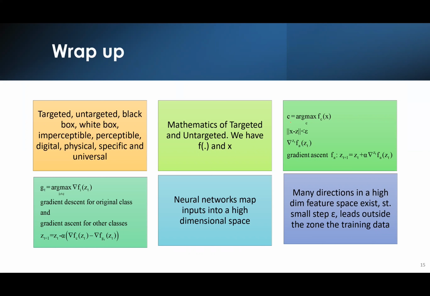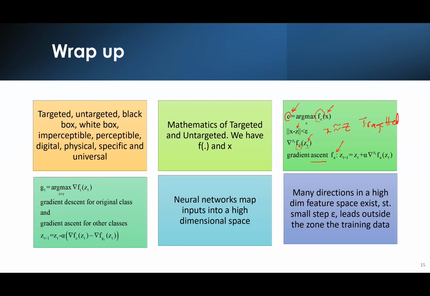We showed that if we call C the original class of the input X and we have a classifier F, by making a Z which is very close to X, we calculate the gradients with respect to A by inputting Z, and then we calculate the gradient ascent for a specific class, which is A. This is called targeted because we are moving toward a specific target label.